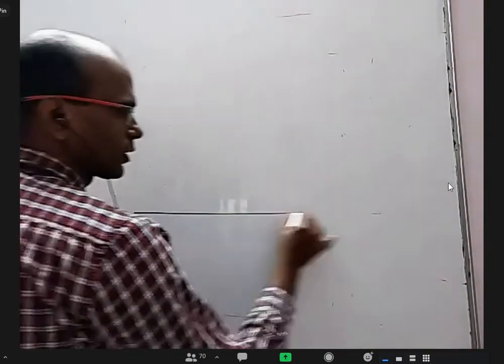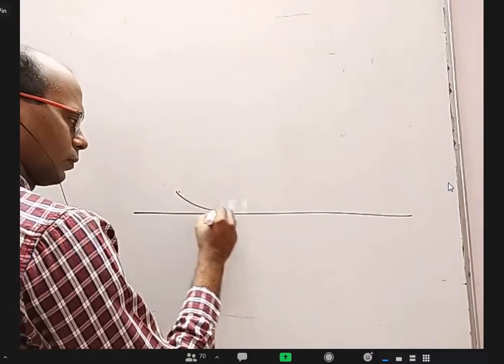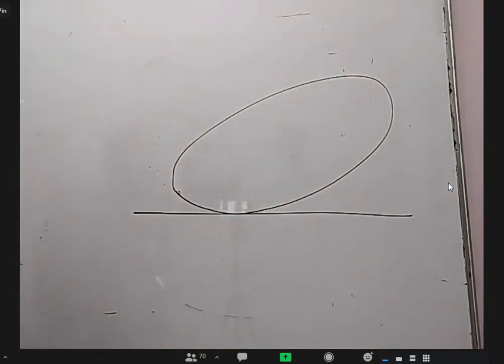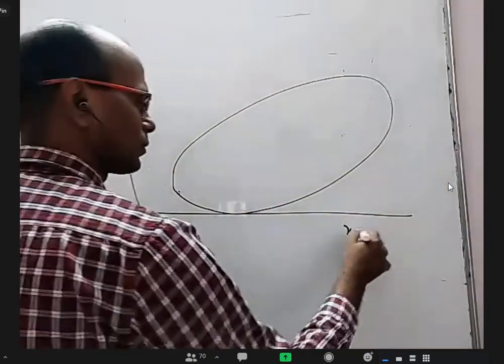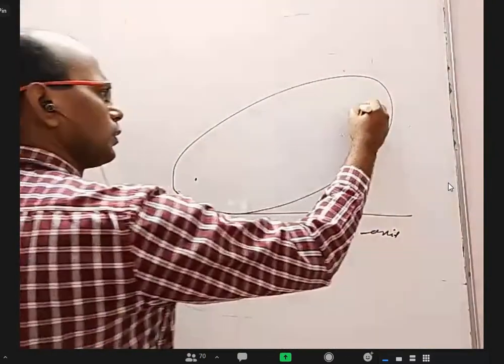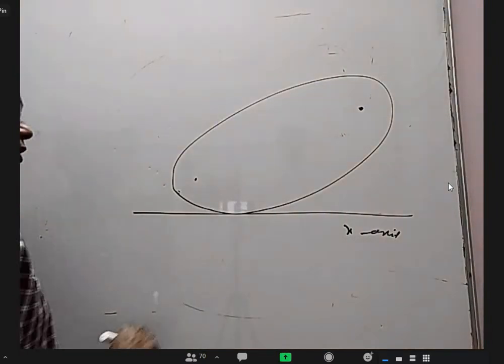Okay, let me see if somebody can answer this question. This is a rotated ellipse. This is the x-axis. There are two foci, and the foci are given.